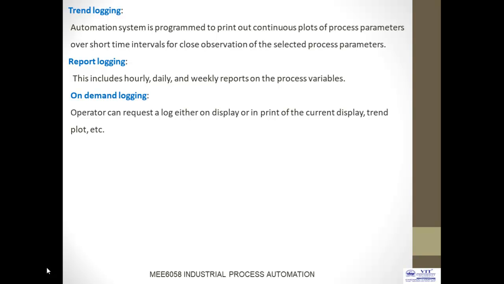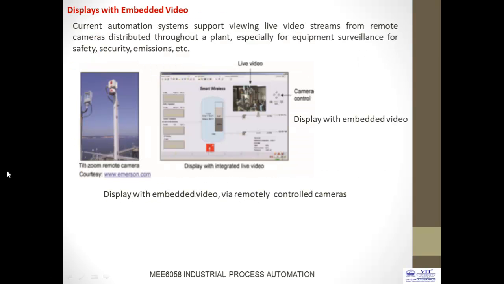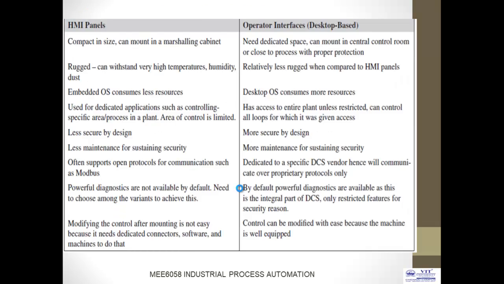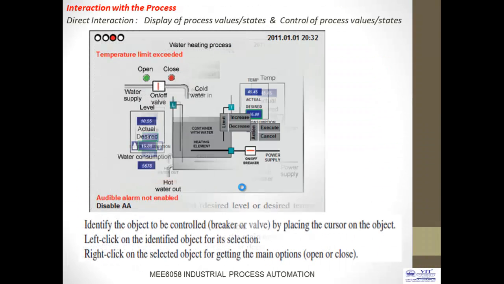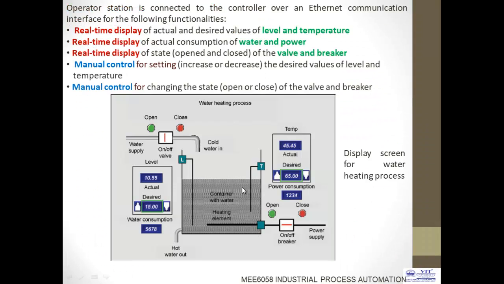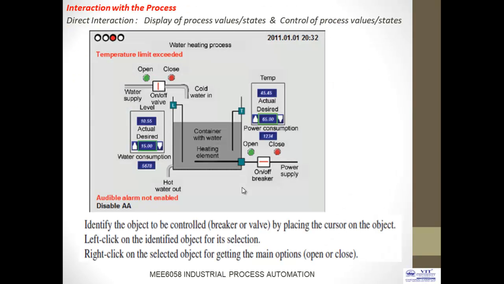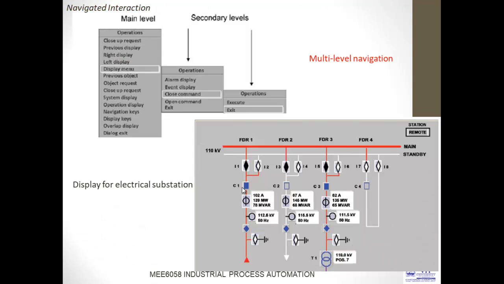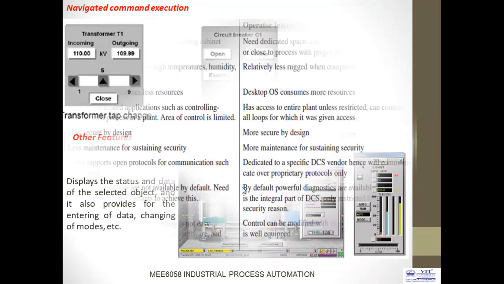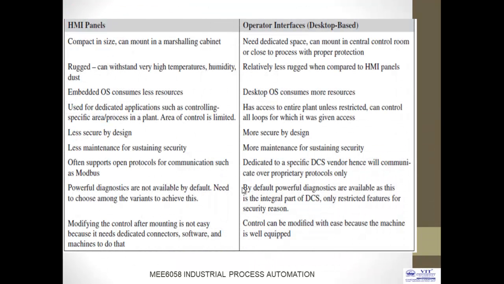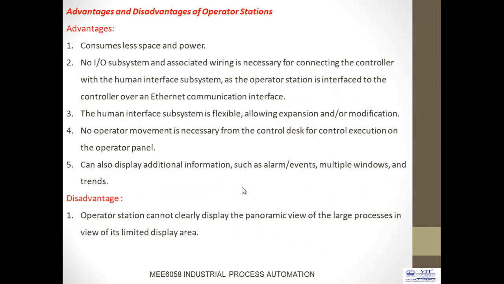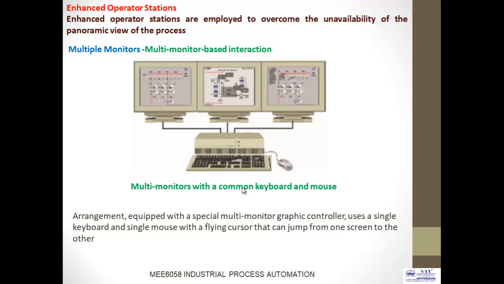Okay. So, what we discussed so far is the human-machine interface. In the human-machine interface, we have operator panels, advanced intelligent operator panels, and the conventional panels, and what components are involved, what types of interaction, direct interaction, navigator interactions, and what other features are involved in the navigator interaction. And we also saw the difference between human machine interface panels and conventional panels, and what are the mates and demates.